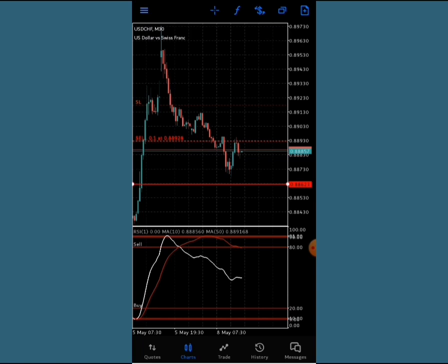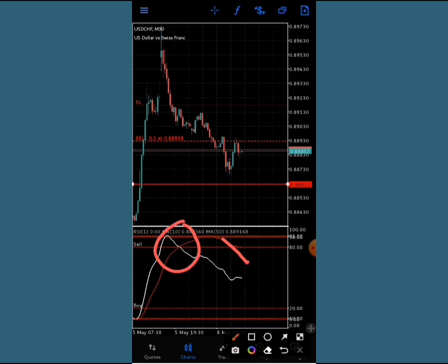The white line came to touch the 90 line level, and then it crossed with the red line. What I'm waiting for now, maybe for an extra confirmation, is for the red line to cross the 80 line level. But what has happened right here is giving me more confidence to take a sell. So for those simple reasons, I took a sell.